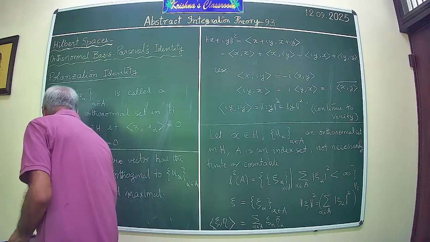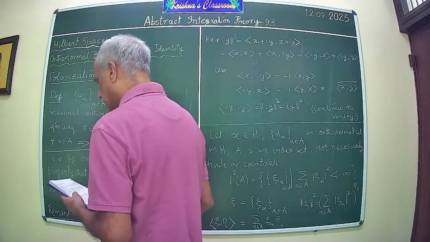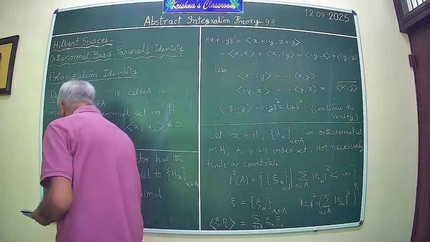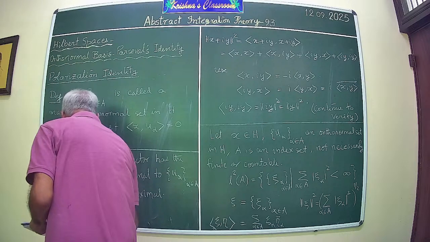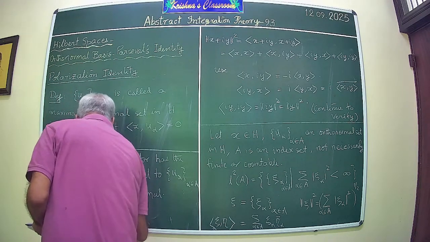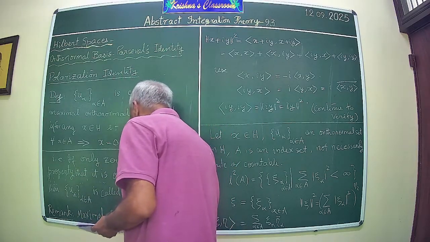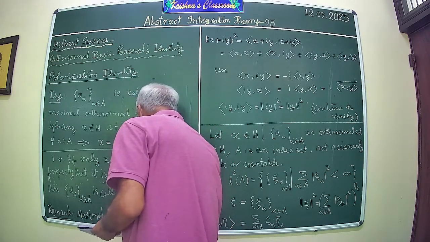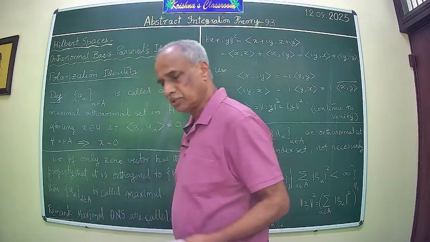We also remark the other names for a maximal orthonormal set. Maximal orthonormal sets are called complete orthonormal sets.